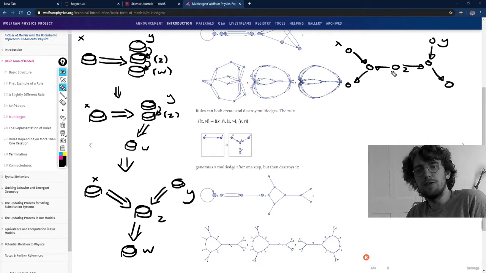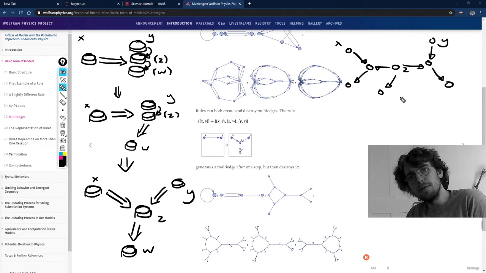And then finally we've got the same with Z to W, which goes to a new thing we've pulled out, which is also pulled away from W by a new thing.